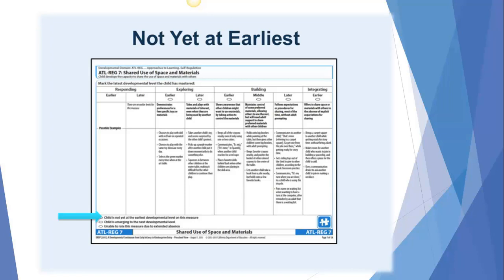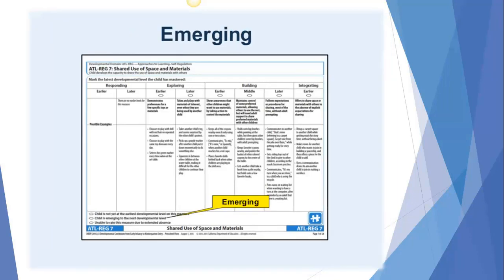Okay? Now emerging. So if we use the example of walking, we might be able to put, whatever it is for the gross motor development, child sits up, and the next level is child is taking a step. You would put emerging. Because if I mark right here, and then I mark emerging, then that lets me know that they've mastered this, but I'm starting to see some of these behaviors. So this level is emerging.